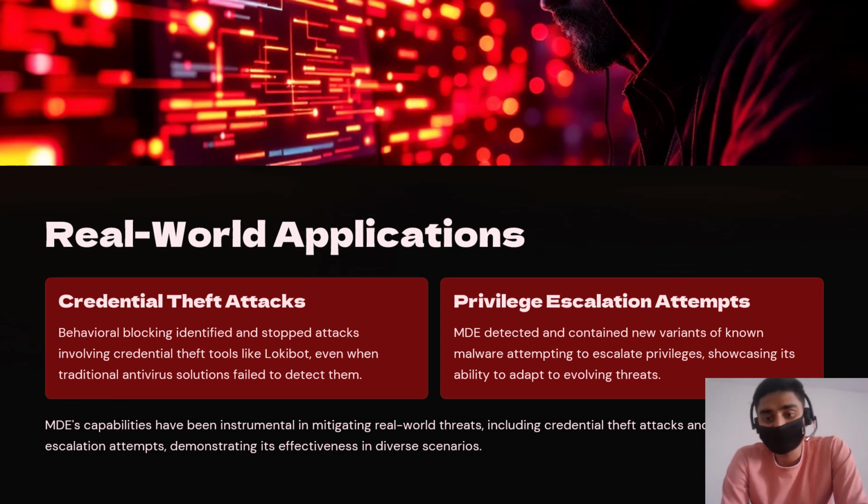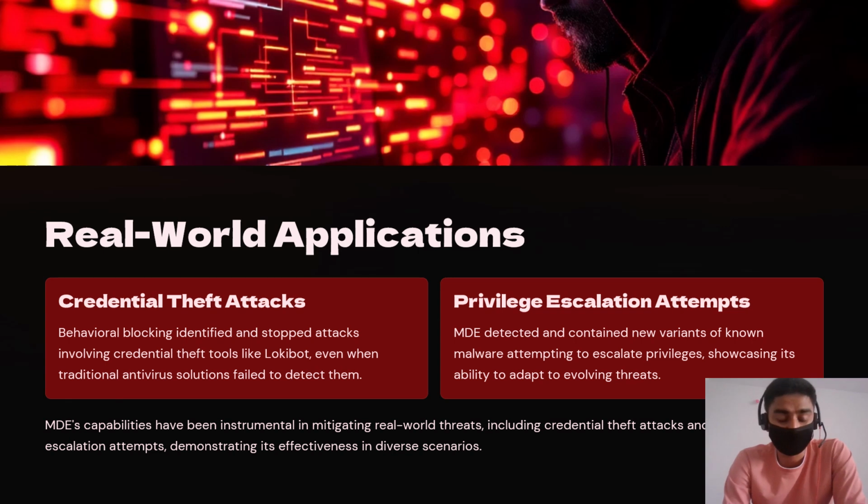Then for privilege escalation attempts, MDE detects and contains various variants of known malware attempting to escalate their privileges, showing its ability to adapt to evolving threats.